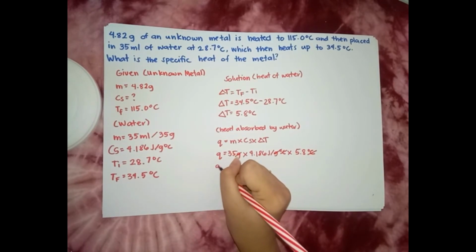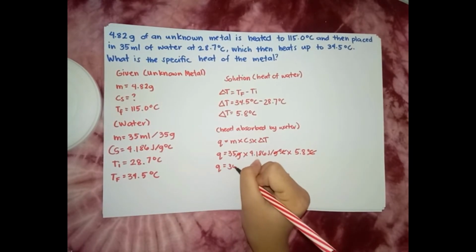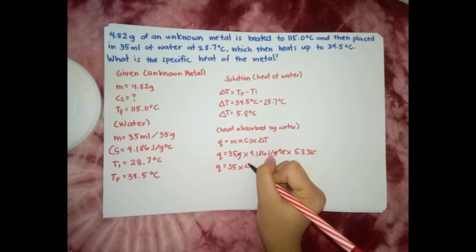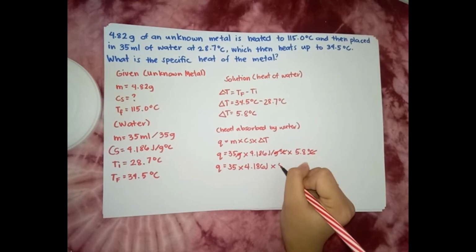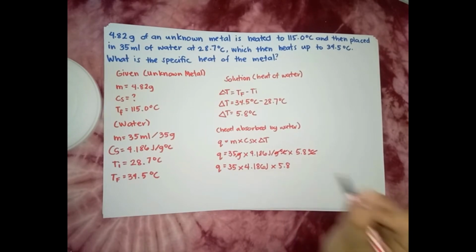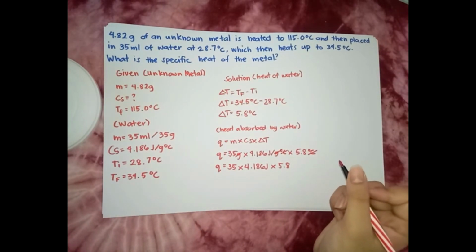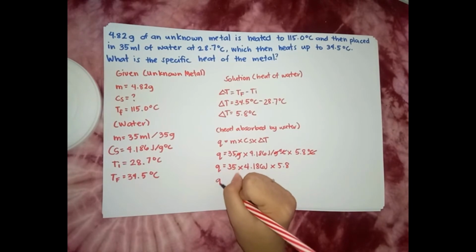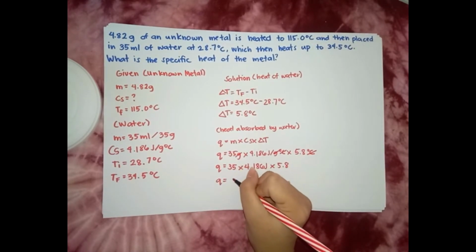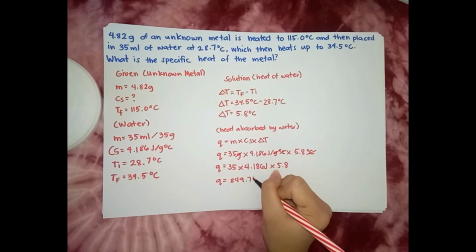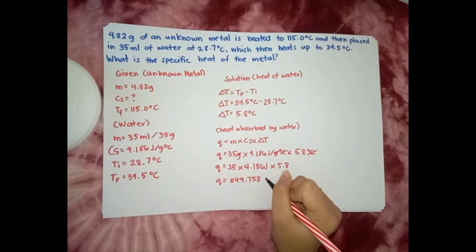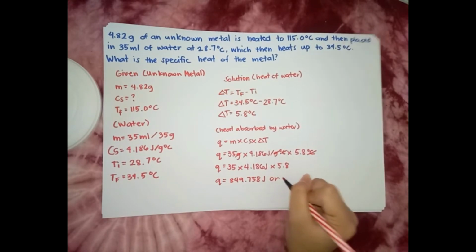So we now have Q equals 35 times 4.186 joules times 5.8. After that, we're going to solve for its product. We now have 849.758 joules, or should we say 850 joules.